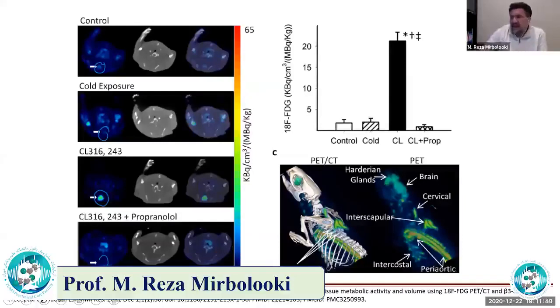So we could find cervical brown fat, interscapular brown fat, lots of brown fat around the aorta, periaortic, which explains why our central body temperature is higher, and intercostal brown fat as well, that you can see here. So we quantified this, and you see this quantification, which is significantly different from the other groups in terms of the F18-FDG uptake in the IBAT.